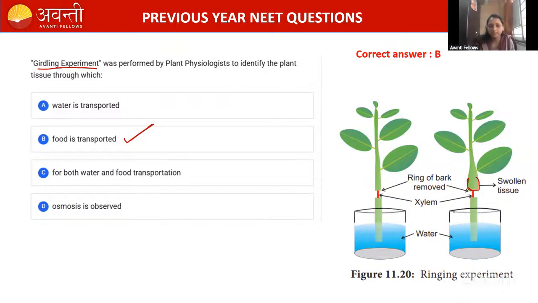The girdling experiment is done by removing the bark and phloem. Phloem is important for food transportation. When we remove the phloem, food transportation does not take place, so the food does not go to the root. The root dies, and eventually the plant will also die.